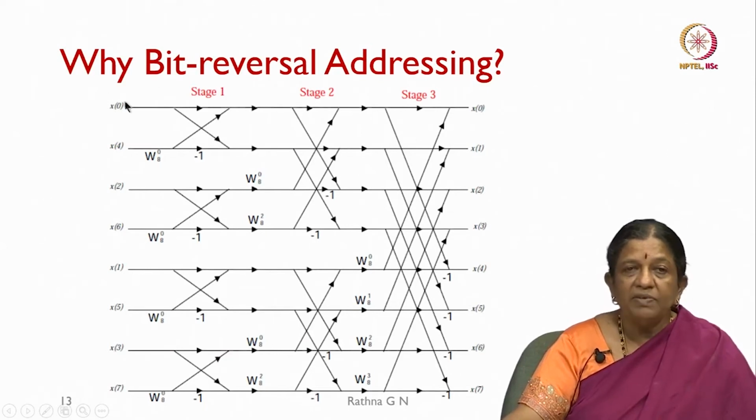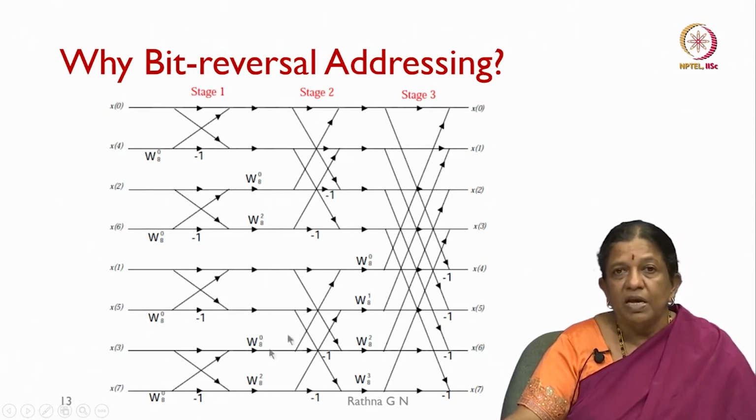So, what we have is x of 0 as the input, and x of 4, x of 2, x of 6, x of 1, x of 5, then x of 3 and then x of 7. The output is going to be in order. So, always the input is in bit reversed order, and the output will be in order. If I give the input in order, the output is going to be in bit reversed order.